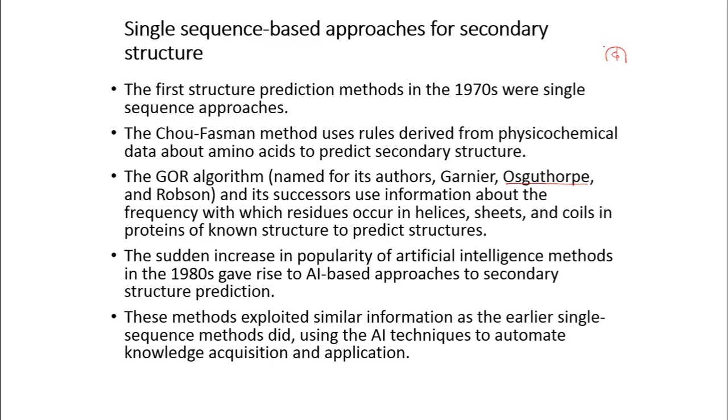The subsequent methods exploited similar information as the earlier single sequence based methods, but they did it to automate knowledge acquisition and application. More advanced prediction algorithms were implemented, like the hidden Markov model. Let us not go into more details of that now.